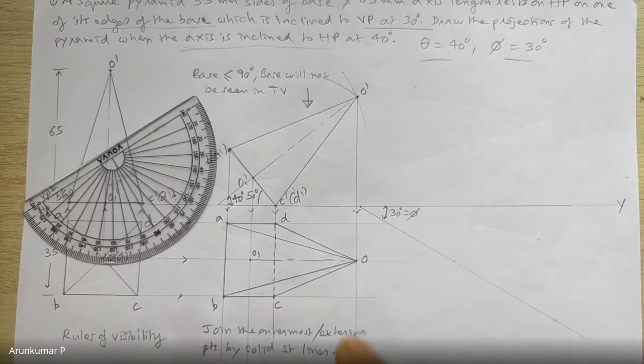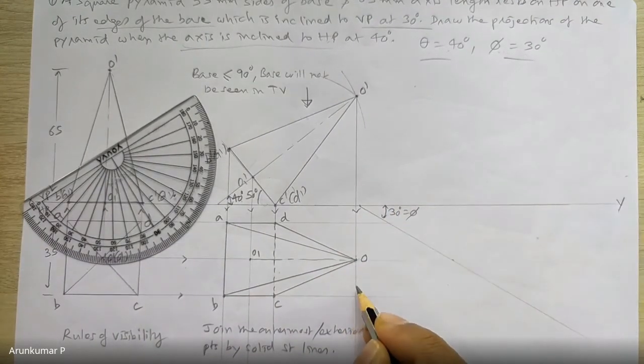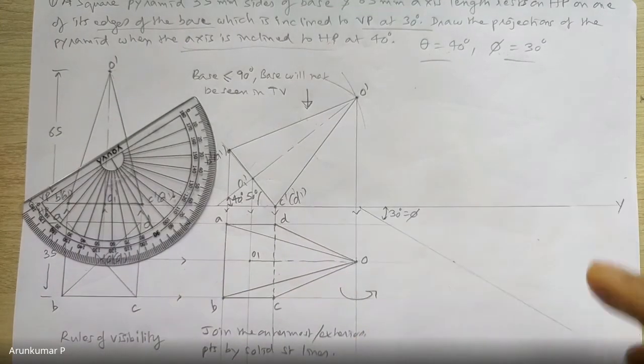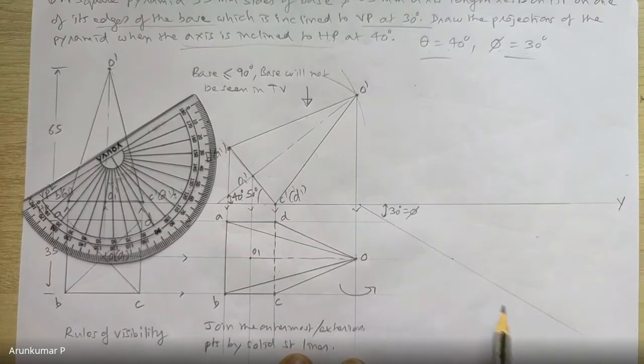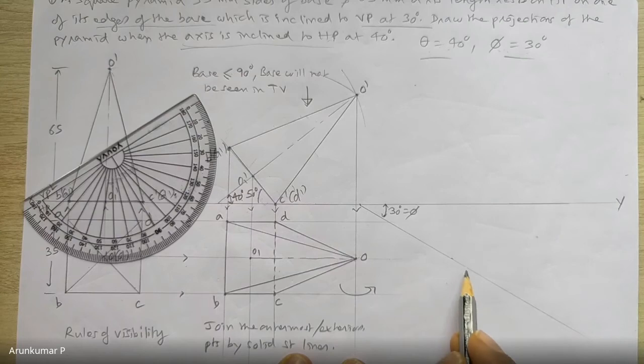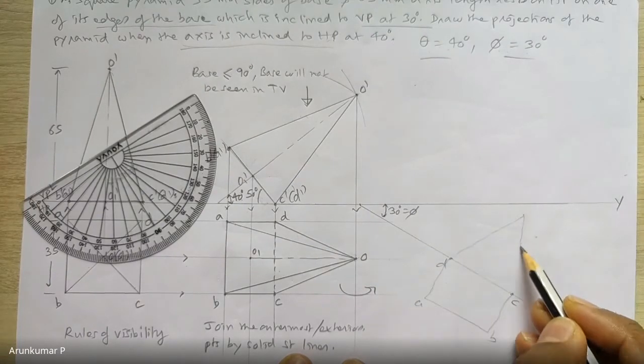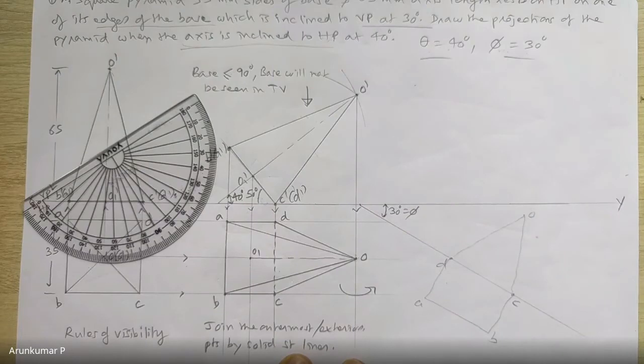And on this 30-degree line, I have to locate the edge CD. So it is as good as I'm trying to rotate it in the anti-clockwise direction. So I'm going to rotate it and keep it like this. Roughly, this is how the shape will be. This would be C, this would be D, this would be B, this would be A, and this would be O. Like this.